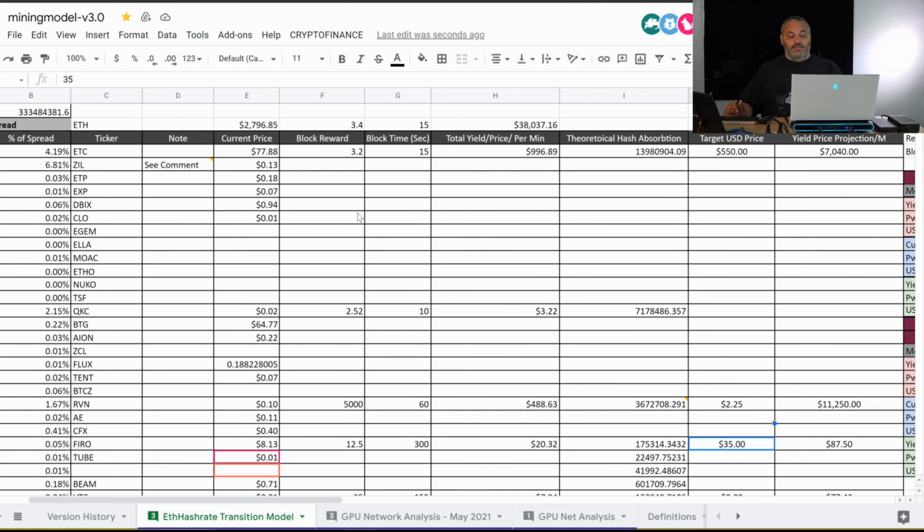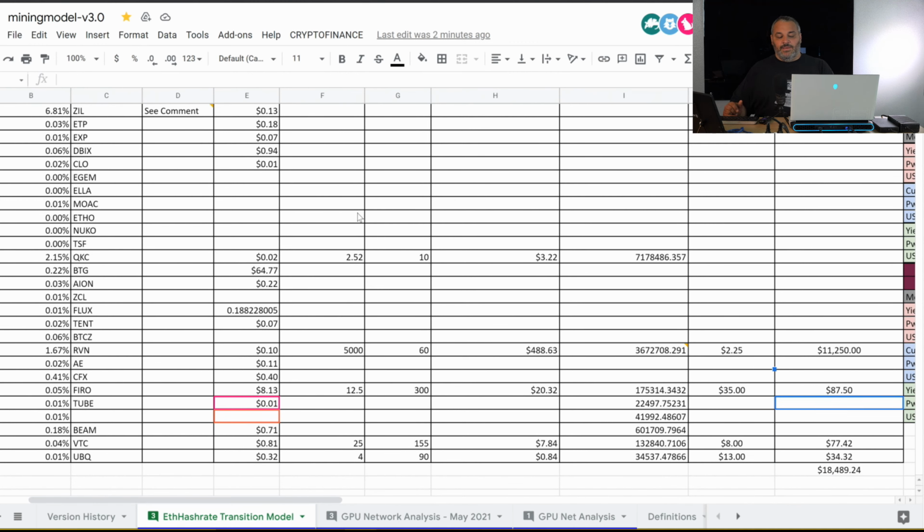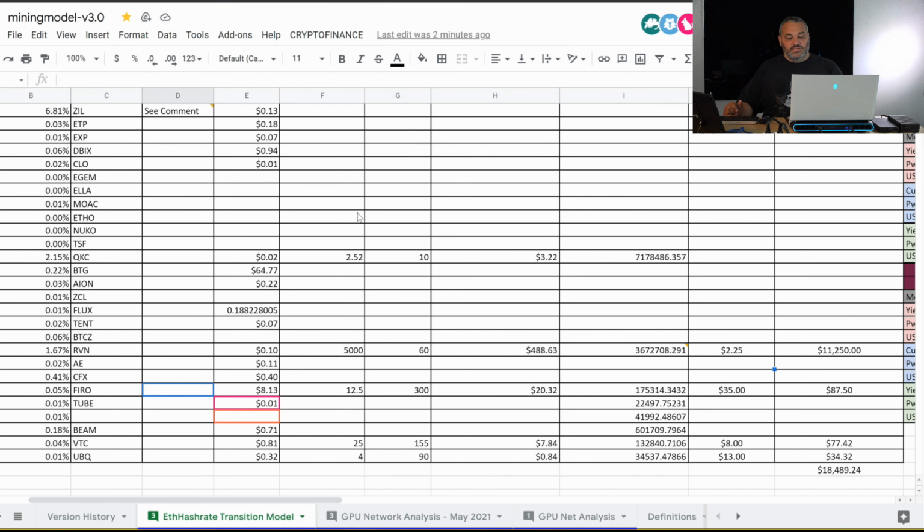I'm looking at like a $35 price target on that one, which would still only give it an $87.50 yield price projection, which is still minuscule compared to something like Ethereum that's in the $30,000 per minute range. But the shift of movement on these is not that high to get that kind of price movement.